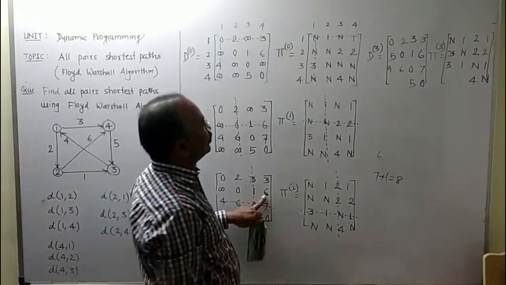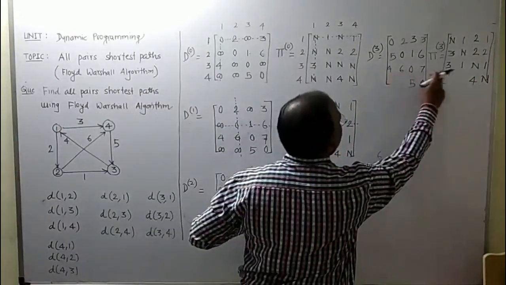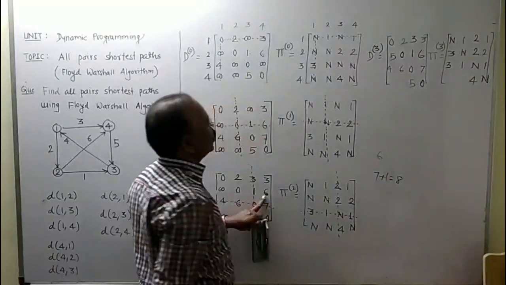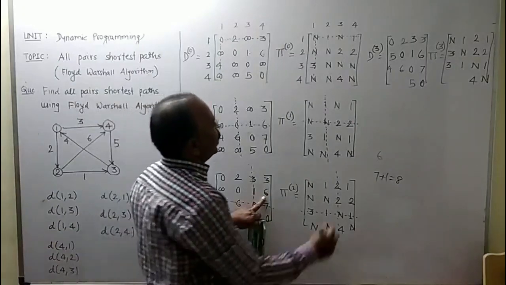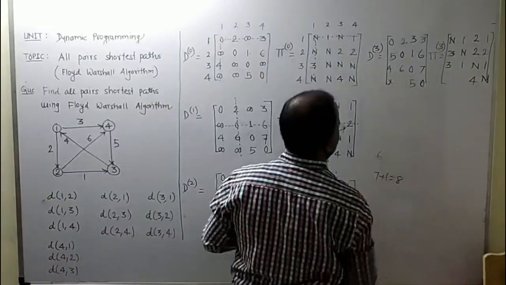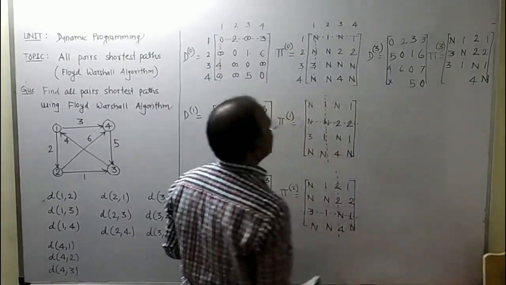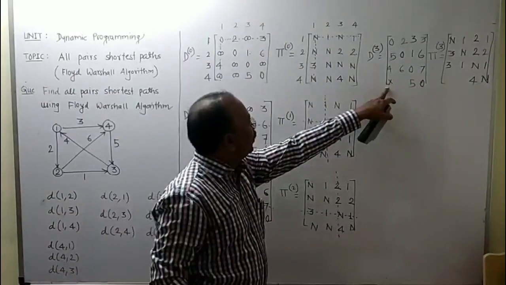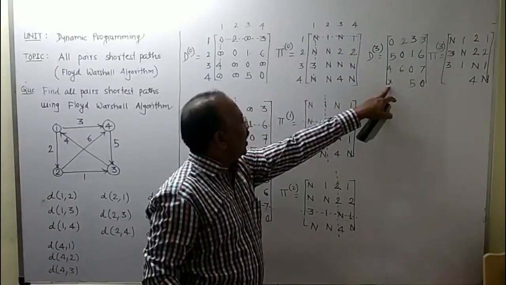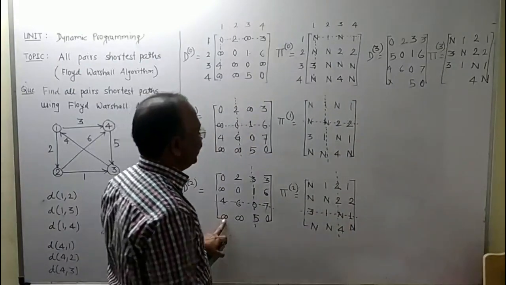Now the third row is already filled up. Now go to the last row, that is the fourth row. Now find out the value for this position. First go to D2 at this place. You will get infinity.